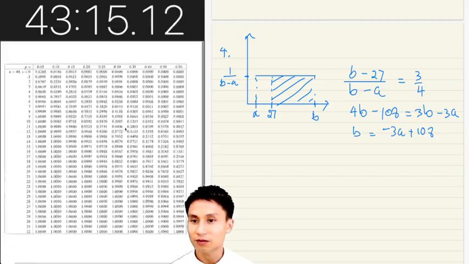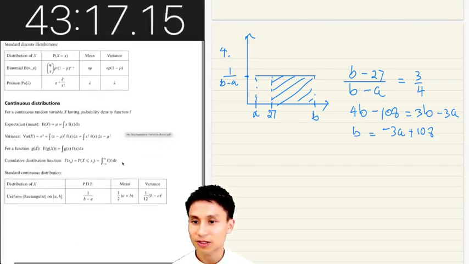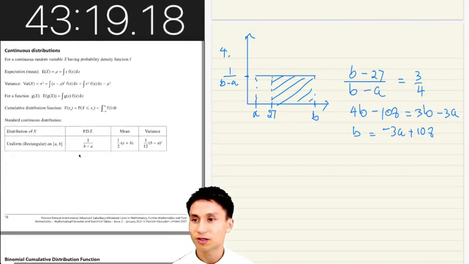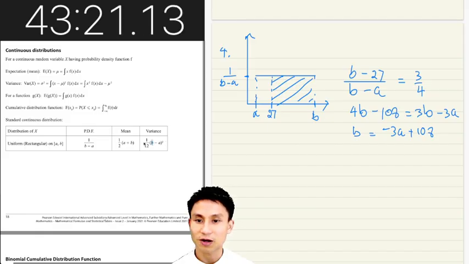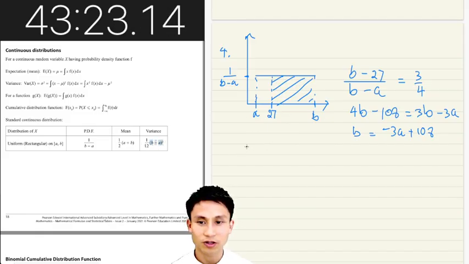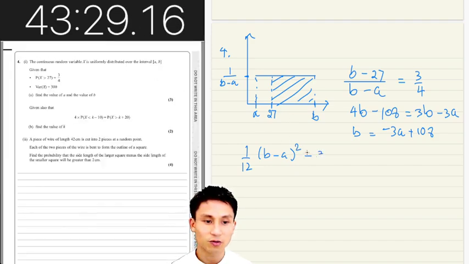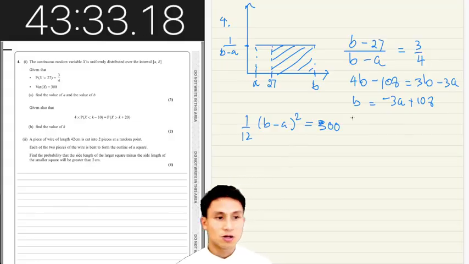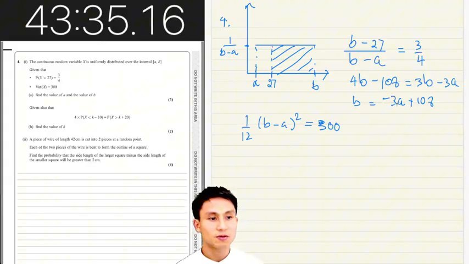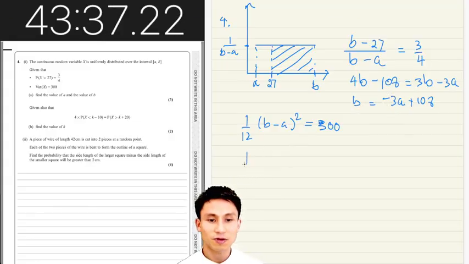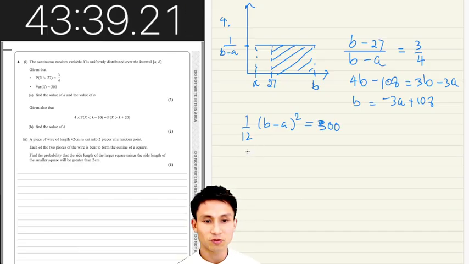We need to find another one because we are given that the variance is 300. And I think we get the formula of the variance because, yeah, for a uniform distribution the variance is that formula. All right, so we're going to use 1 over 12 (b minus a) squared, and we put it equal to 300. So if we substitute b in terms of a in there, let me move 12 to the other side.